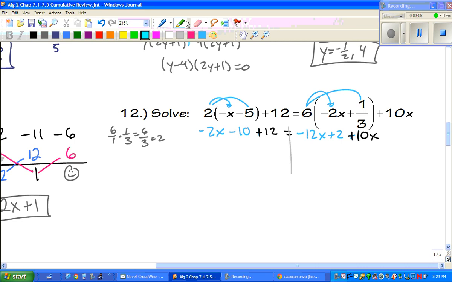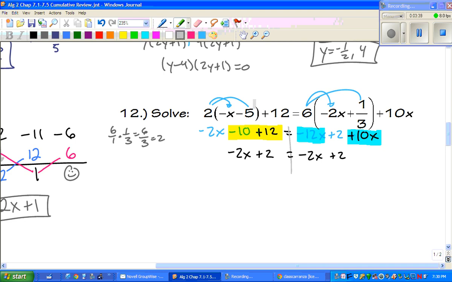Now, on both sides, we need to combine our like terms. So on here, we've got, oh, nope, that's not a like term, but those two are. And when you combine that, you get negative 2x plus 2. Now, on the right side, when you combine your like terms, you get negative 2x plus 2.